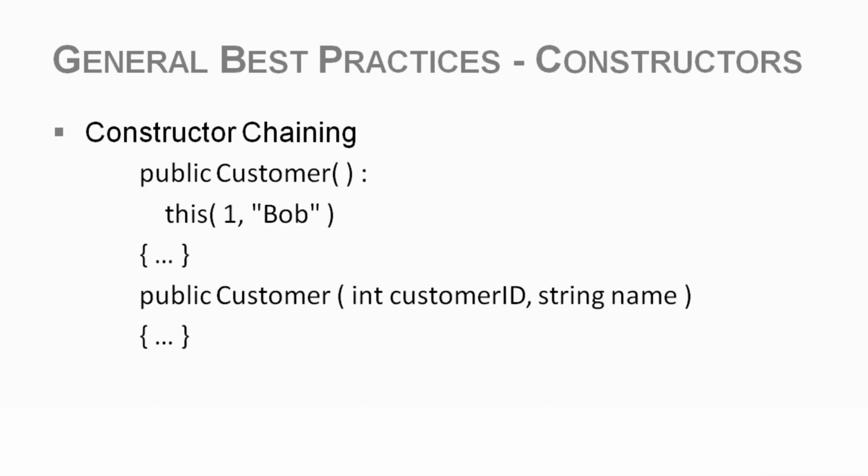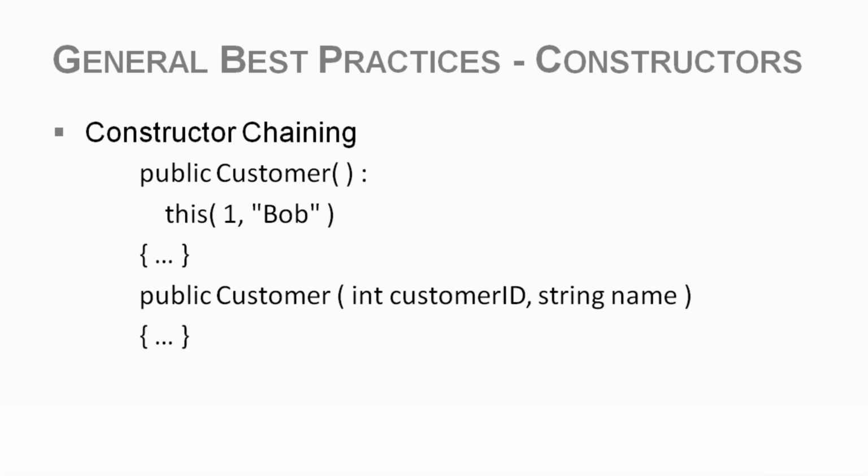Also brings me to the topic of constructor chaining. Again, instead of repeating code, what you would like to do if you have multiple overrides for constructors is use one constructor that actually has the code in it. So in this case, we have an override for a new customer with no parameters, and we're going to call our other constructor that has two parameters and pass in parameter values, which are going to be our initialized values.